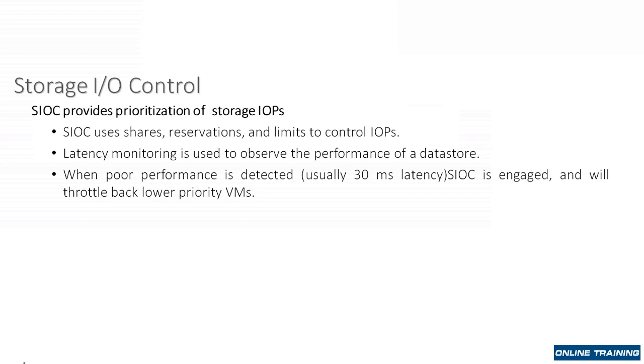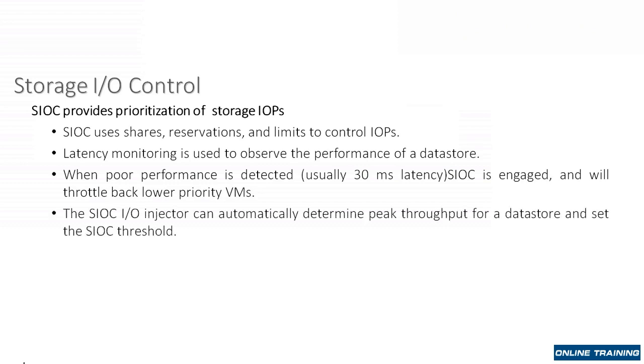And when poor performance is detected, storage I/O control will be engaged and will start to throttle back the less important virtual machines. We can also use something called the storage I/O control I/O injector to figure out basically just how fast the data store can possibly be so that we can more intelligently define some of these thresholds as to when storage I/O control should be invoked.